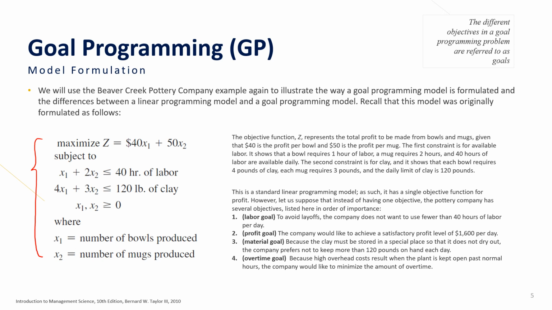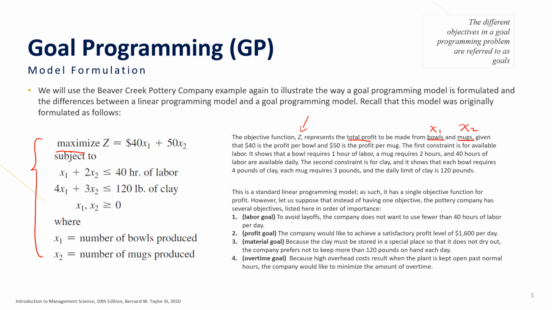The original problem is that we have an objective function Z which represents the maximization of total profit, to be generated by the company by selling their products in the form of bowls, which is x1, and the number of products in terms of mugs, or x2.